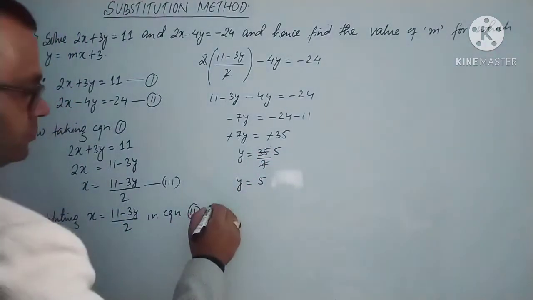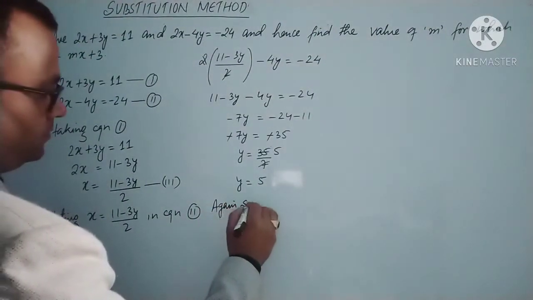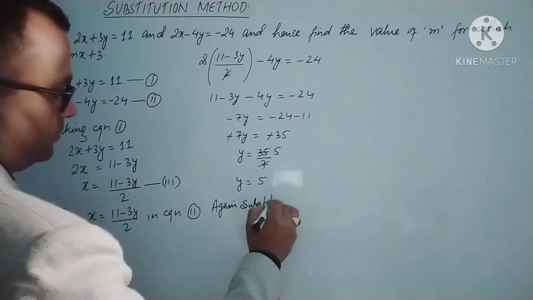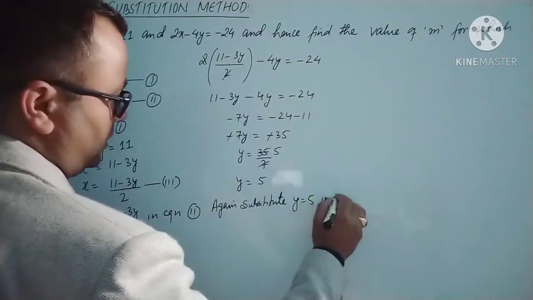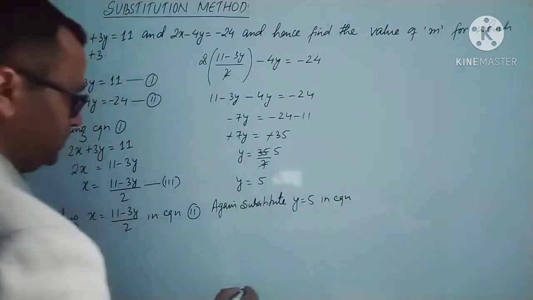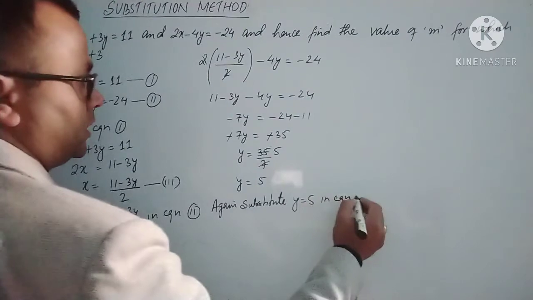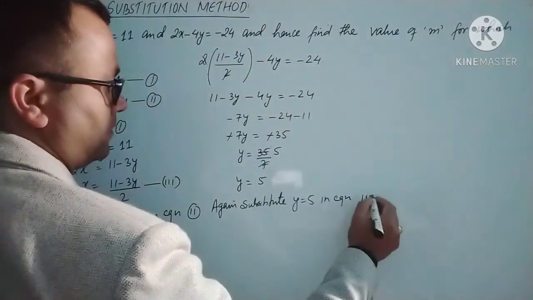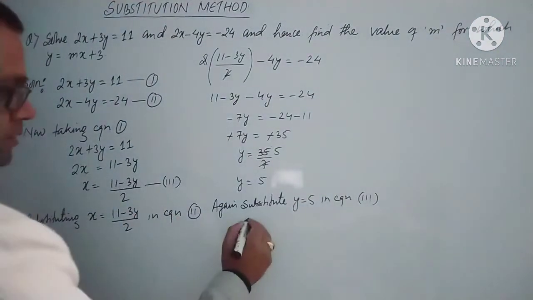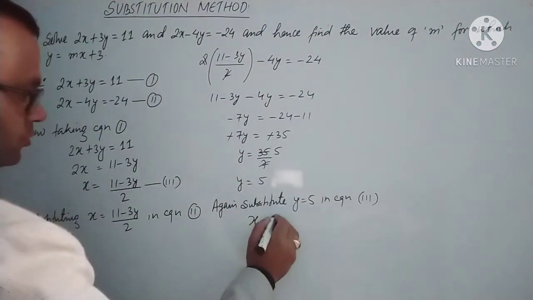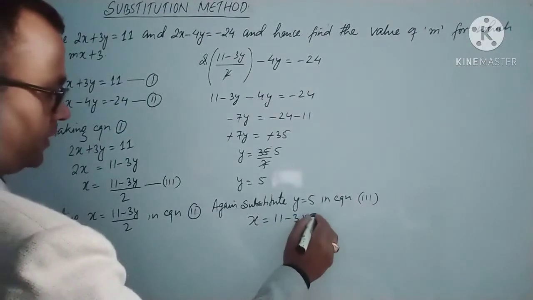Again we have to substitute y equals 5 in equation 3. So equation 3 is x equals 11 minus 3y by 2. Instead of y we will write 5.